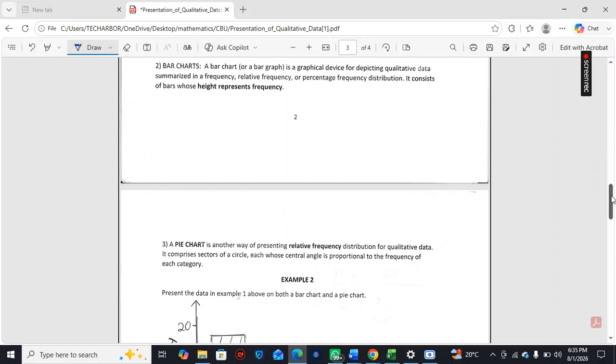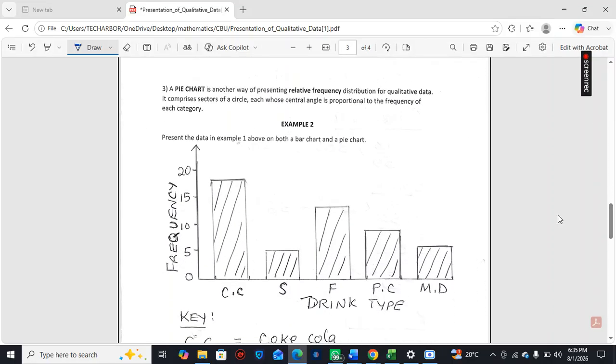Okay, so a bar chart, colleagues, is like this. The bars have to be separate. Don't mistake this for a histogram. In a histogram, the bars are close together, but in a bar chart, the bars have to be apart.